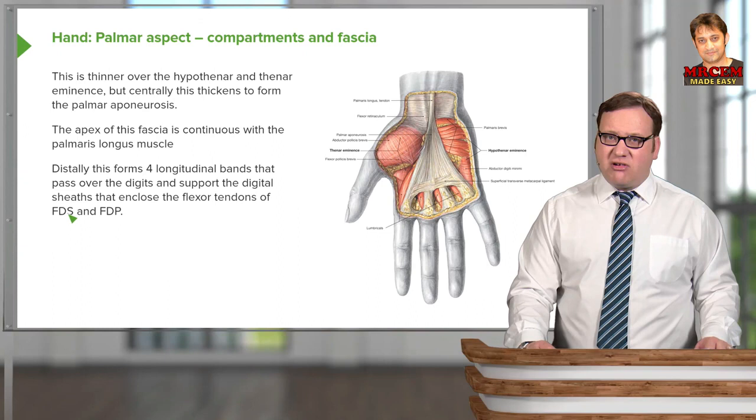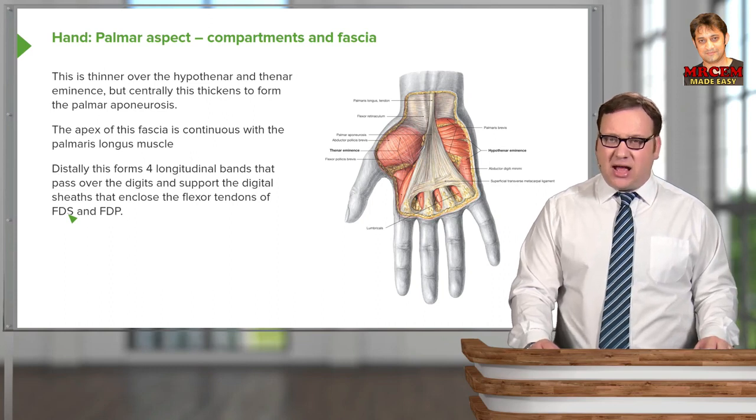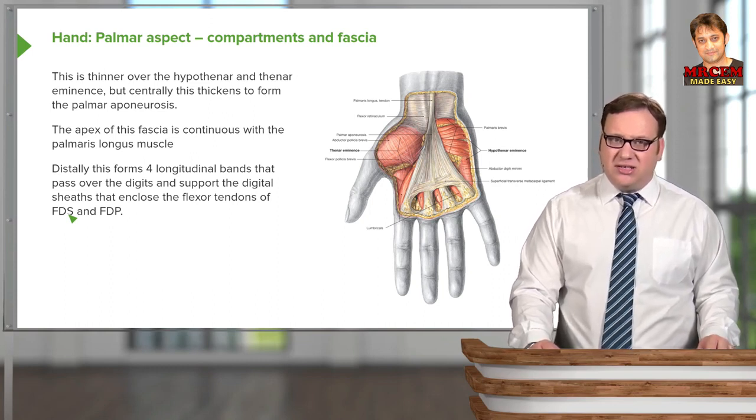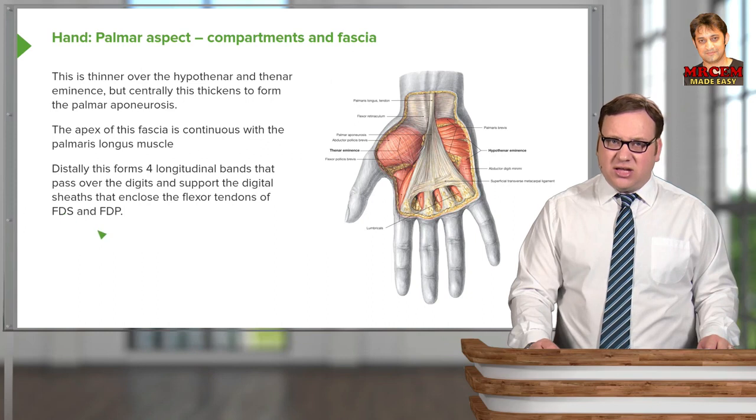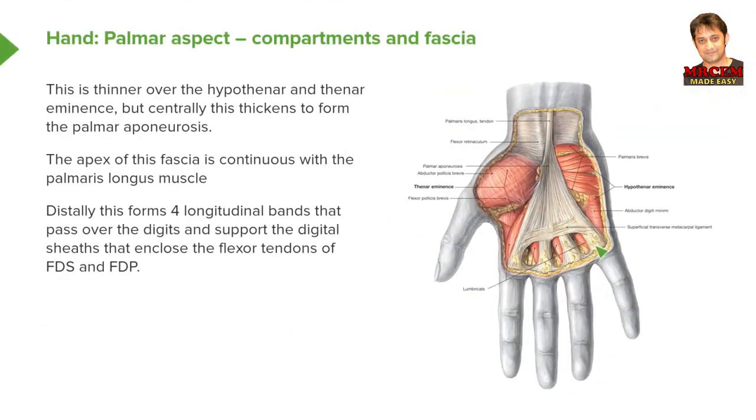Remember, these muscles are originating in the forearm and they're passing through the central compartment deep to the palmar aponeurosis to pass to the digits. And these muscles are enclosed by the digital sheaths. And these longitudinal bands help to support those sheaths.